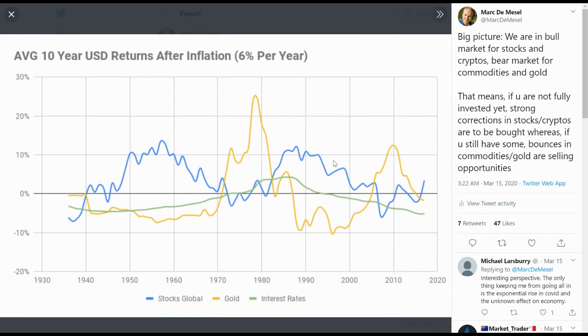At first the demand goes down, but then as prices of commodities go down, demand picks up again and the economy starts again. So these are 20, 30 year cycles, and we are clearly now in a cycle where commodity prices go down a lot, which is very good for the economy.